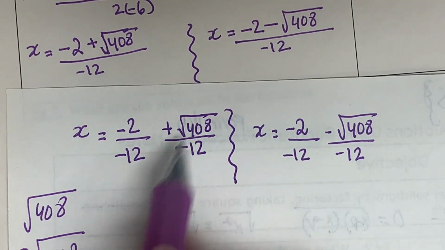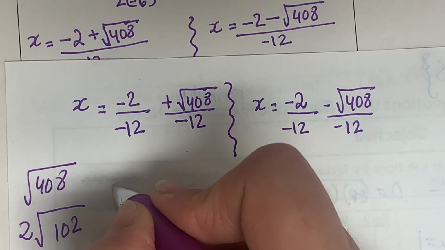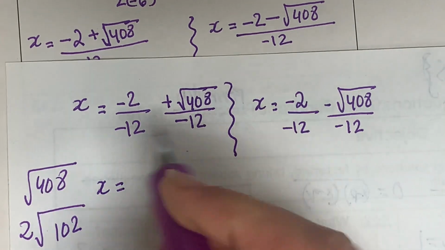So this actually is simplified as 2 whole square root 102. You just kind of simplify.